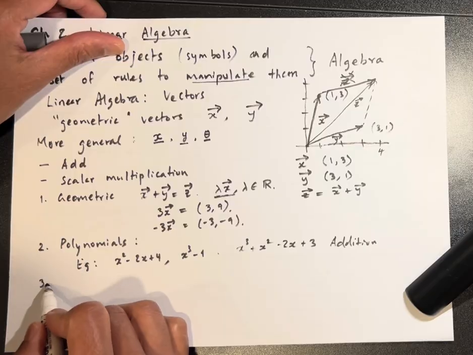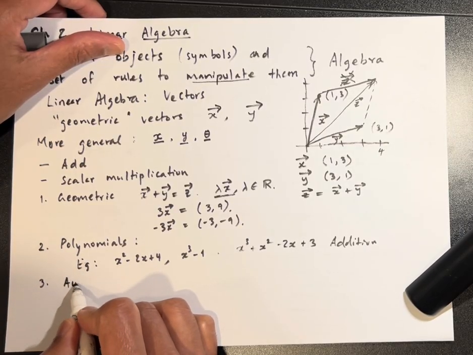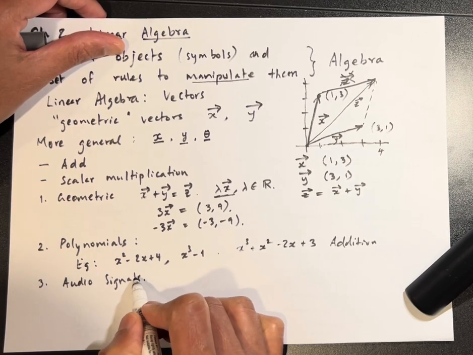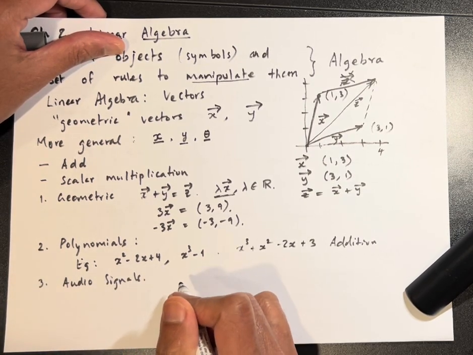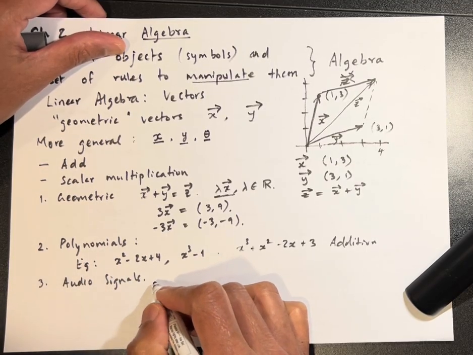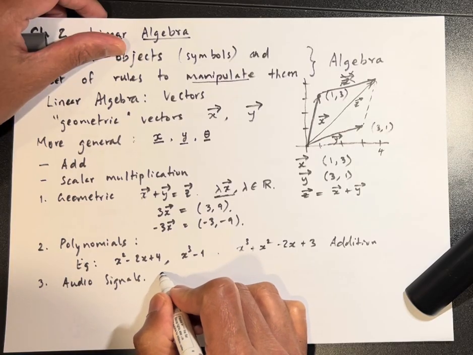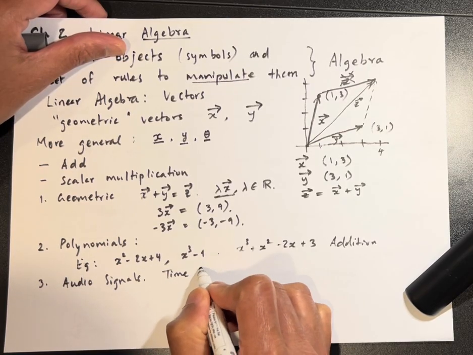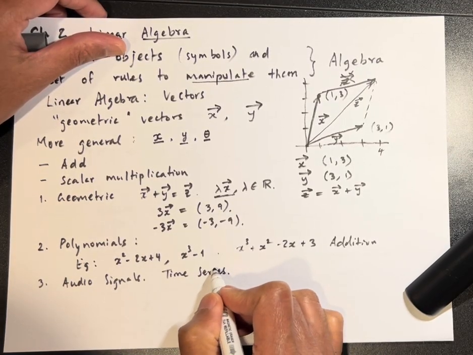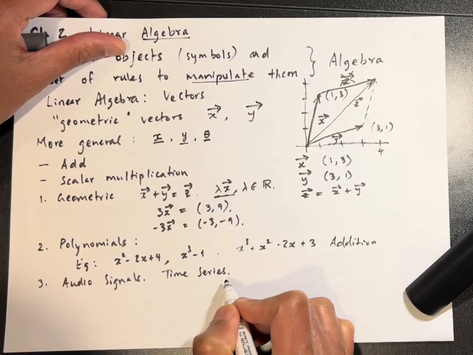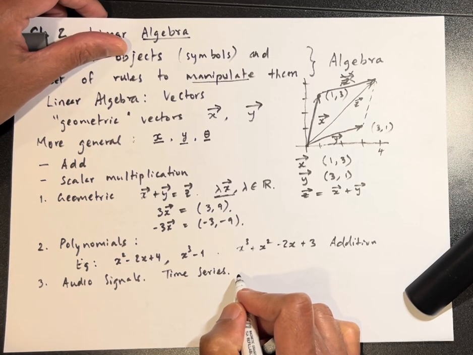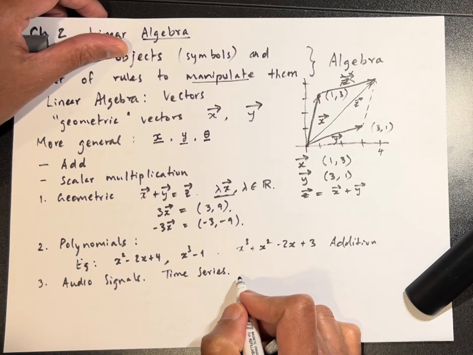The third example that is given is audio signals. What does that mean? Why is an audio signal a vector? Generally audio signals are represented by numbers in what is known as a time series. As I'm talking, my voice is being converted internally by various devices in the microphone, and then eventually it becomes digitized, and then it becomes a series of numbers.